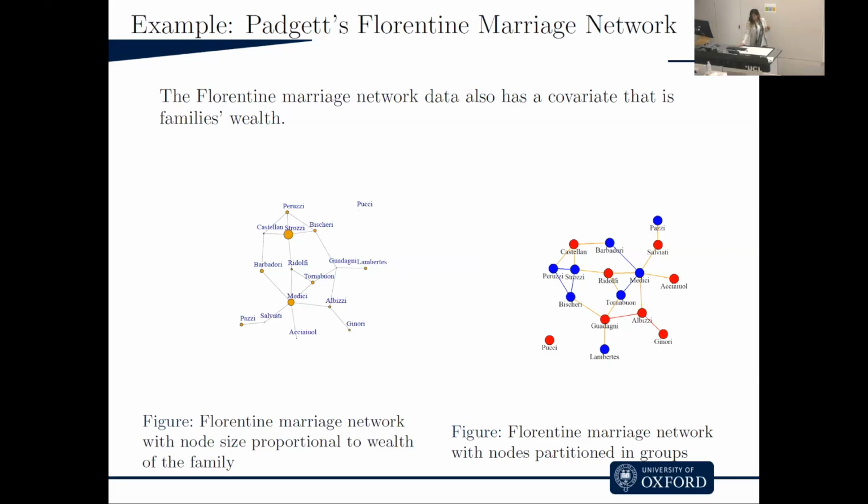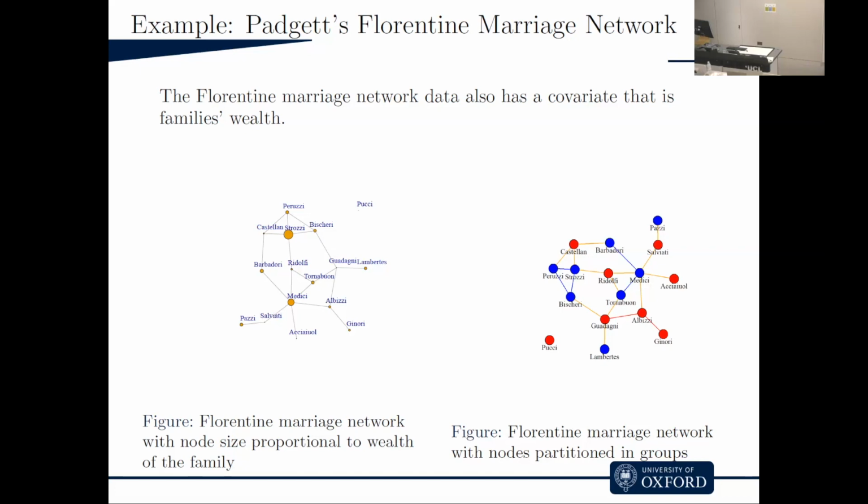The Florentine marriage network that you saw earlier in the morning didn't have any partitioned vertices, but we do have a covariate, which is the wealth data of the families.